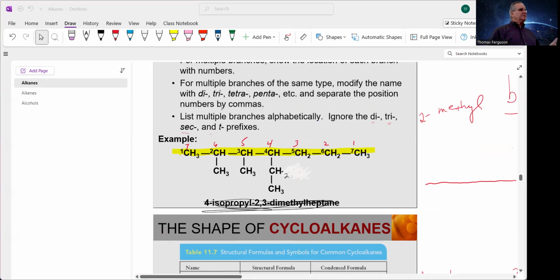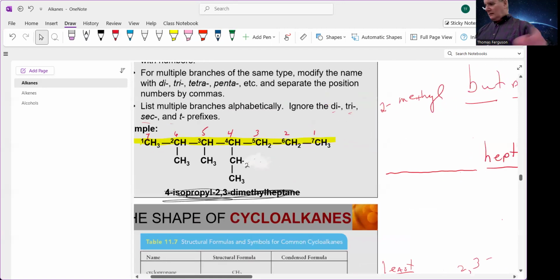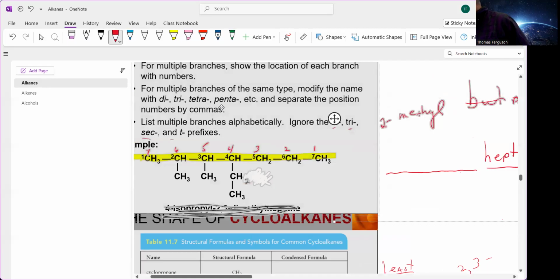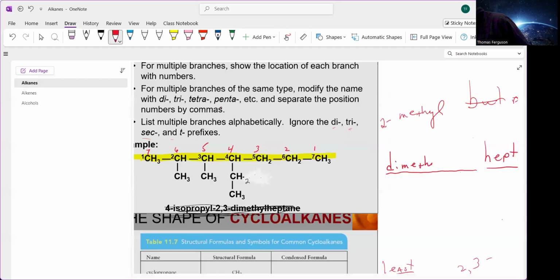The onesies are methyls. The double one is an ethyl. So we're going to go dimethyl. Methyl is one, di means we have two of them. Ethyl. Heptane.